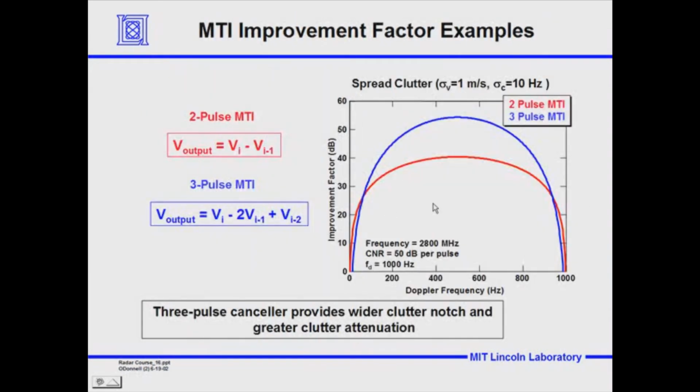Now remember over here, if we had Doppler frequencies up at 1,000 hertz, if our target was at 1,000 hertz, it would be suppressed. And so how do we handle that?